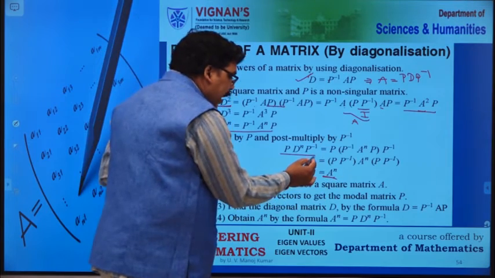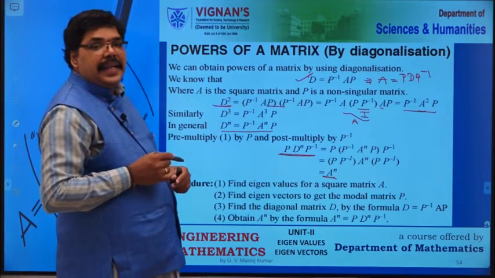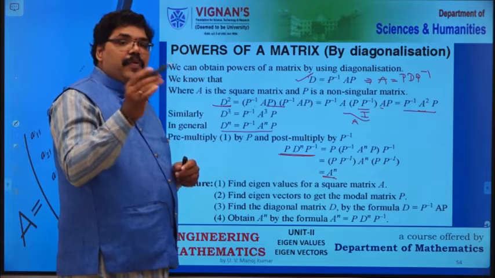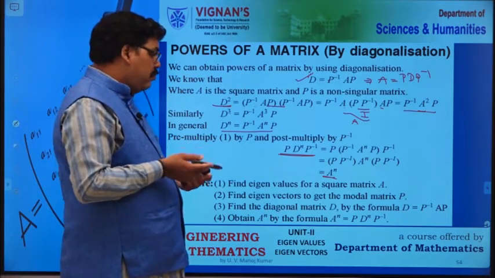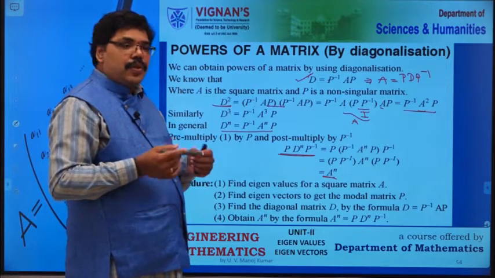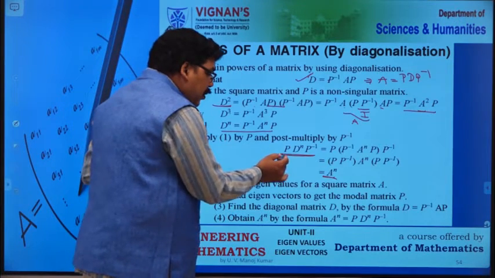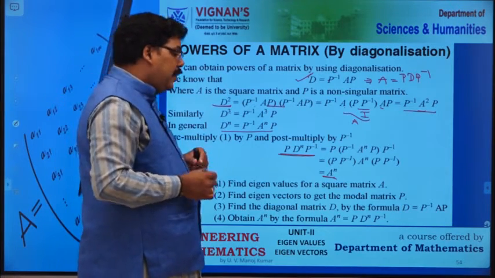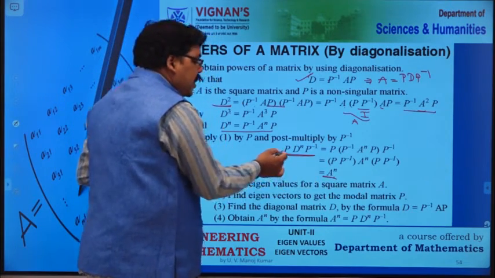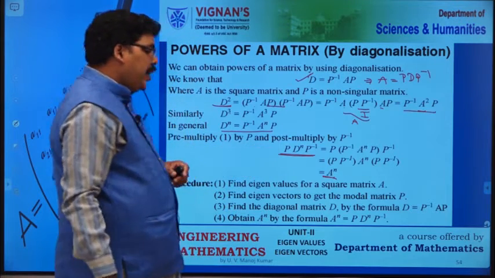So the nth power of A is P into D power n into P inverse. If you find P, P inverse and D, then you can find A power n.